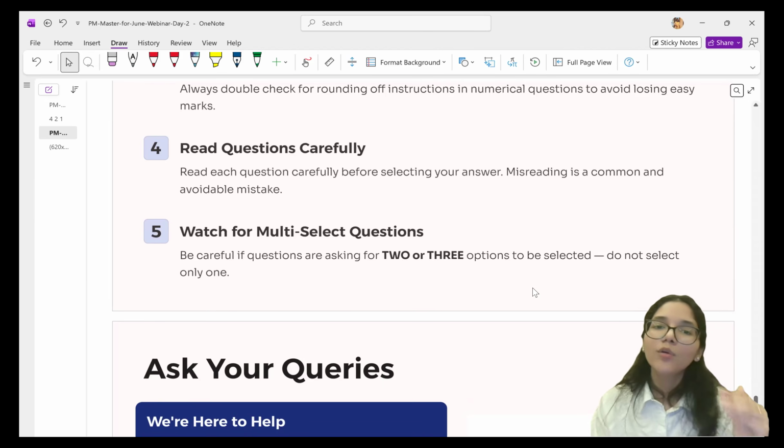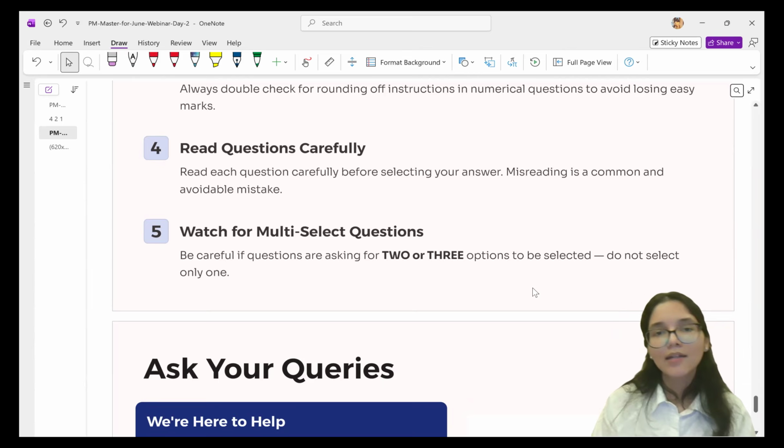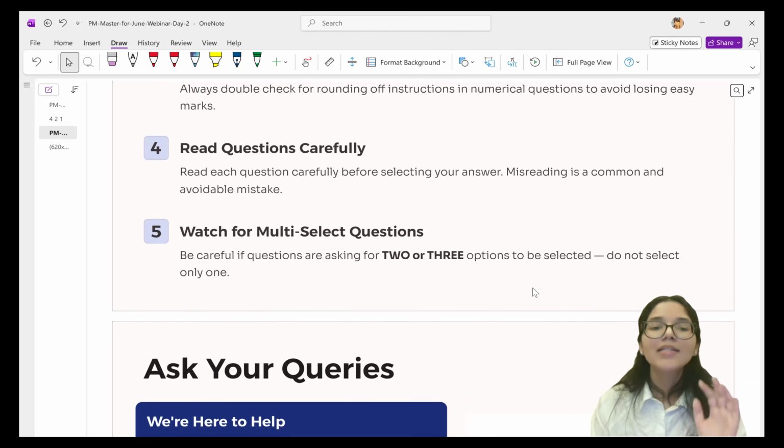When they ask you to select 2, ensure you're selecting 2, so that you are not losing out on those marks. Usually in a hurry, you might move forward by only selecting one answer. Even if that one answer is right, you will still end up getting 0 if you've not selected all the correct options they were asking for. So please be very careful for the multi-selection questions.